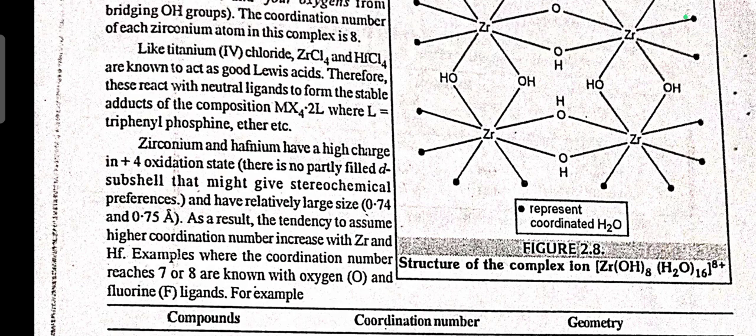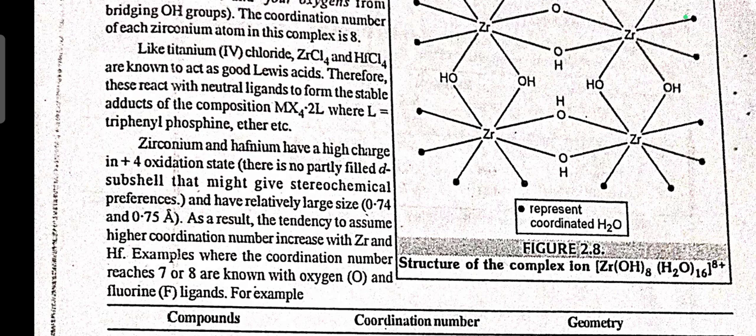There is no partially filled d subshell that might give stereochemical preferences, and they have relatively large sizes, 0.74 and 0.75 angstrom. As a result, the tendency to assume higher coordination numbers increases with zirconium and hafnium.